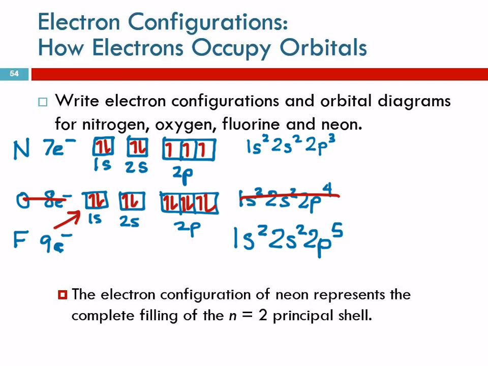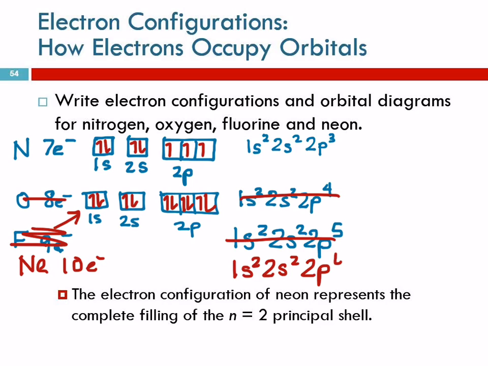Now it's neon. So now that's neon with 10 electrons. 1s2, 2s2, 2p6.